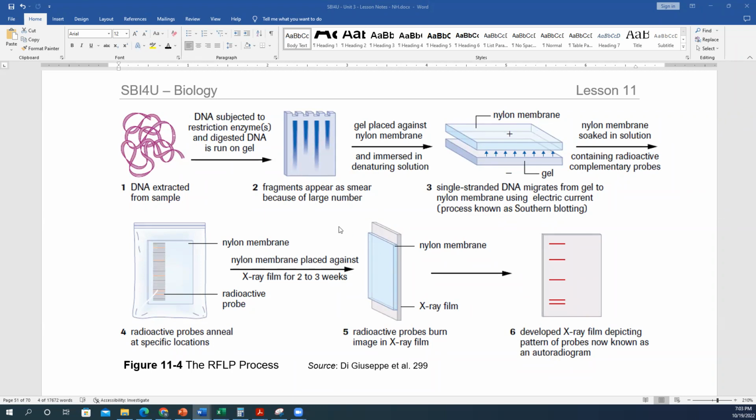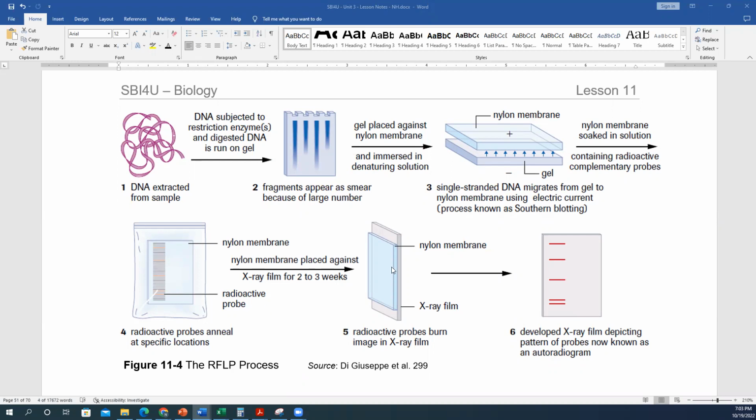Then you take the nylon membrane and place it in a solution that contains radioactive complementary nucleotide probes that have been especially engineered in their sequence to bind to specific regions of the genome. These radioactive probes will bind and hybridize, because of their complementary sequences, to the single-stranded DNA on this nylon membrane.